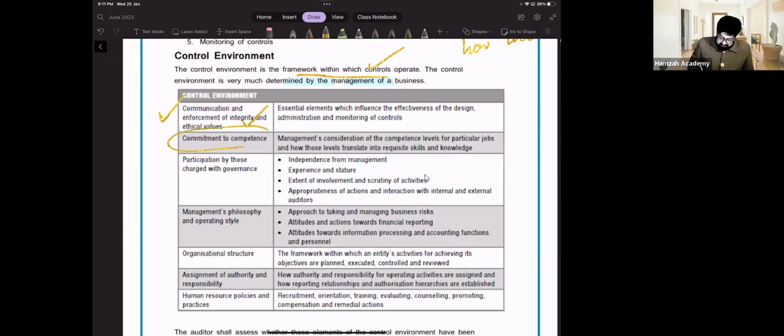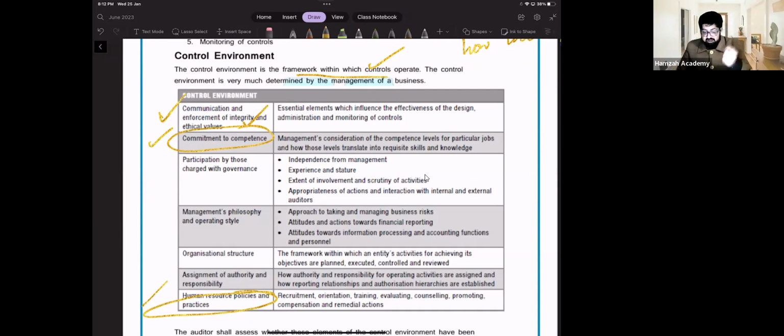Commitment to competence and HR policies, both are relevant and linked. When you hire people, when you promote people, when you assign jobs, what is your priority? On which basis do you do it?